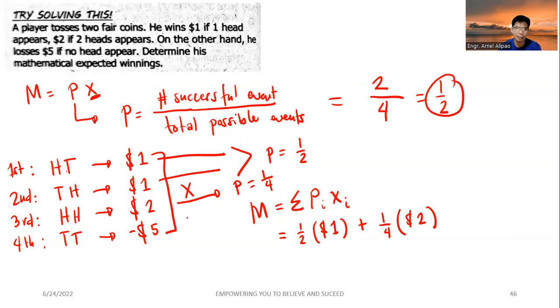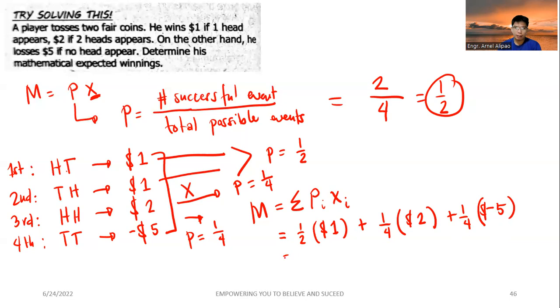And how about for the last event? The probability for this is also 1 out of 4, so 1/4, but the player is losing $5. So let's have it -$5.